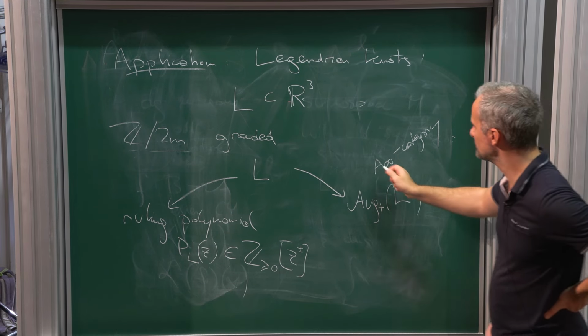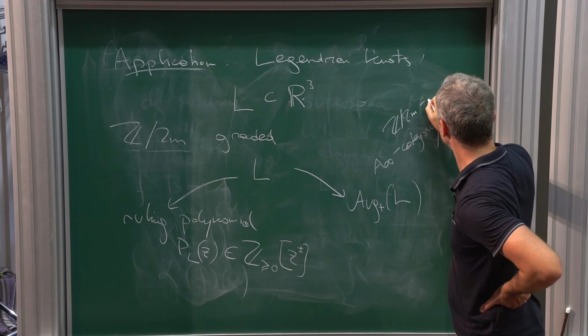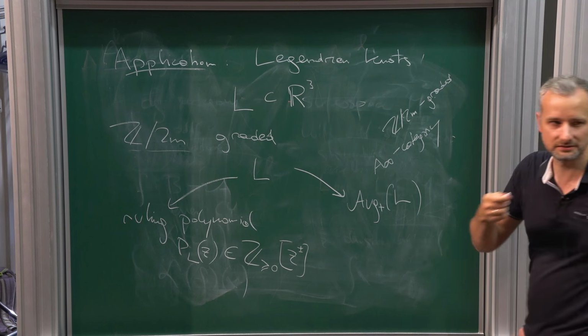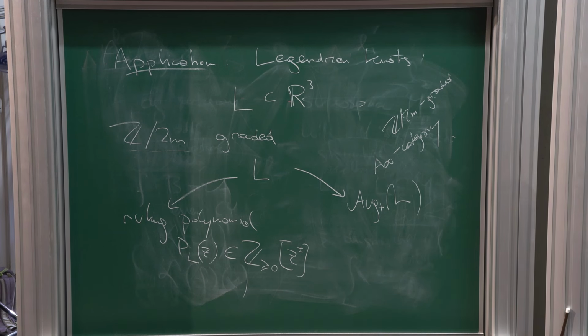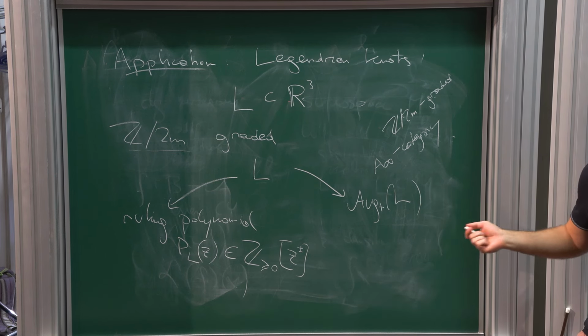It's Z/2m graded, and will be locally proper, degree-wise finite. So it's not quite even Calabi-Yau.